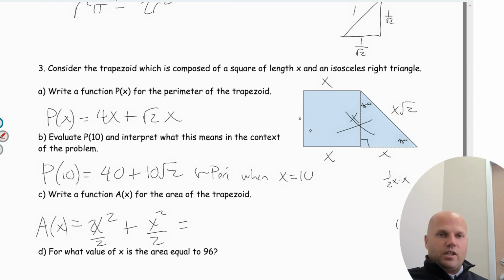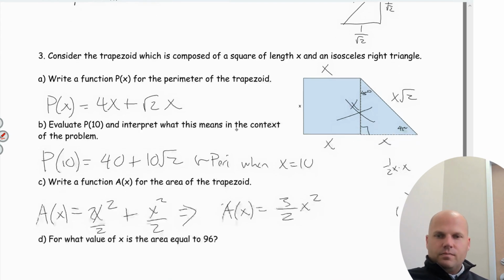No, 3/2 of x squared. I have 1.5 x squareds. That's the way to think about it. 1 x squared, 1/2 of an x squared.